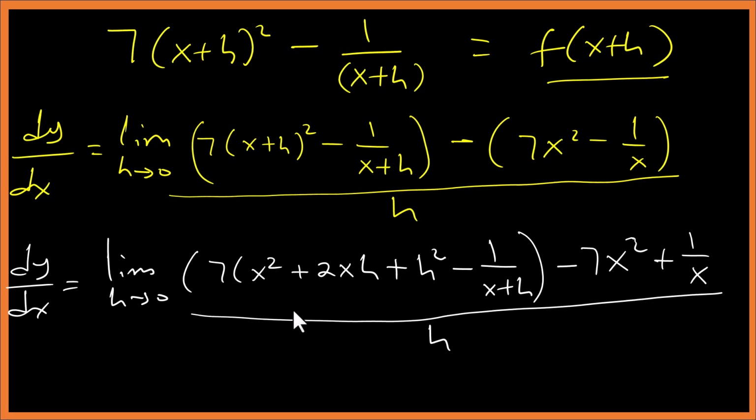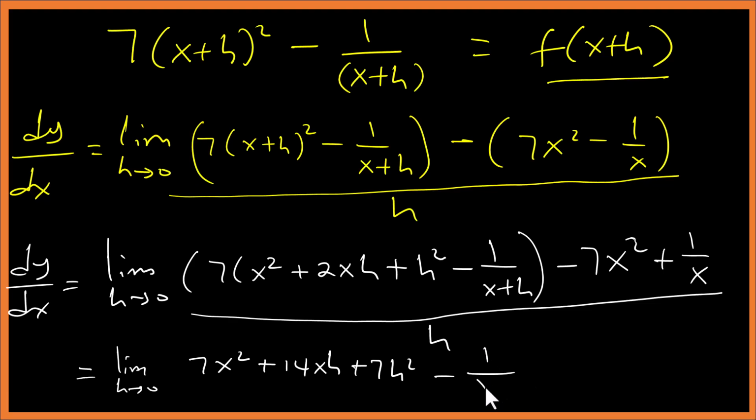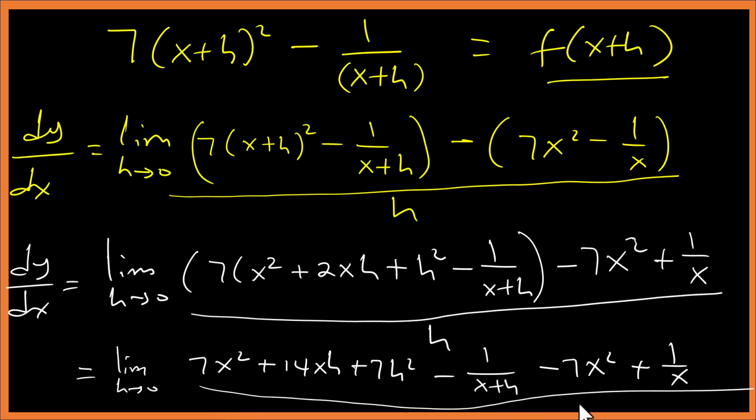So from here we can expand the bracket. Limit as h approaches 0 of 7x squared plus 14xh plus 7h squared minus 1 on x plus h minus 7x squared plus 1 over x, all over h.